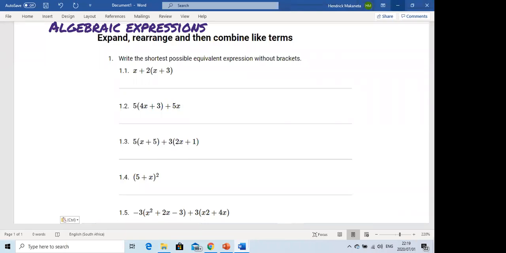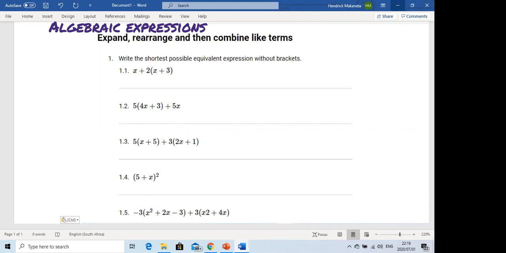Remember, if you have, let's say, 3 squared, it is the same as 3 times 3. So you multiply 3 by itself, and then you get 9.